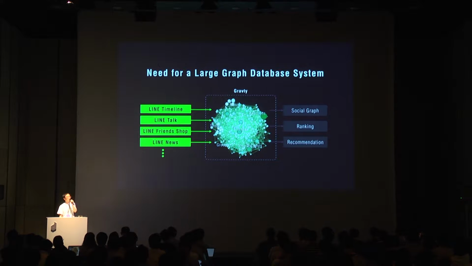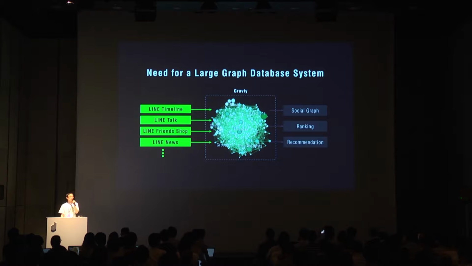Nowadays, LINE services have to deal with all kinds of fast-growing relationship data. To store, process, and query numerous pieces of data more efficiently, we built our own graph database system and named it Gravty.